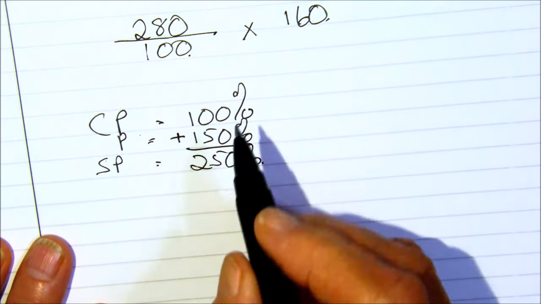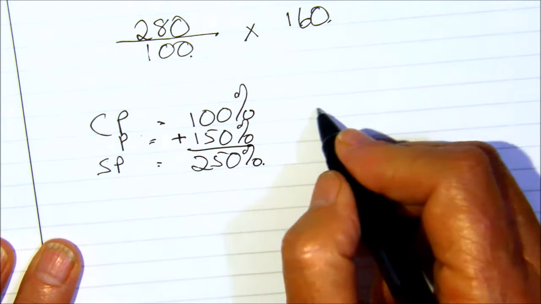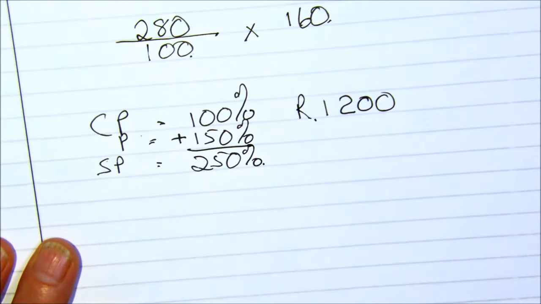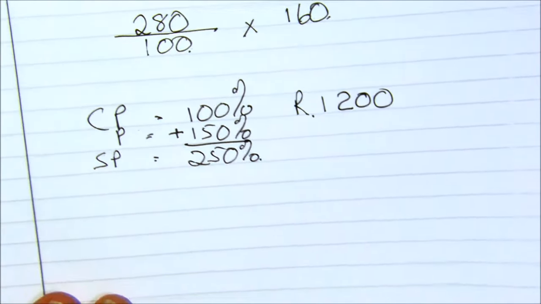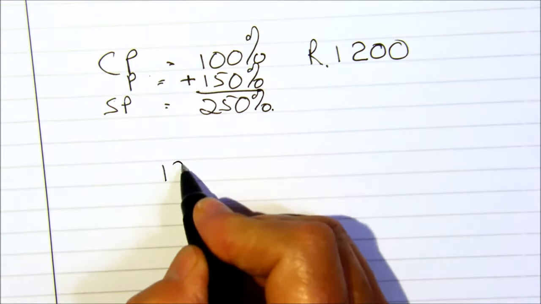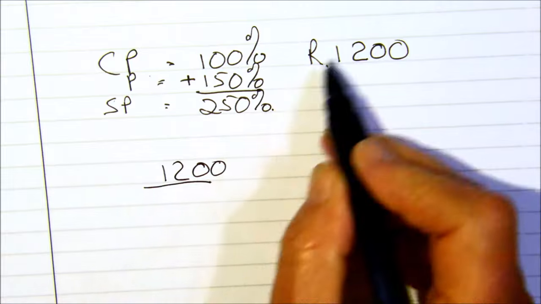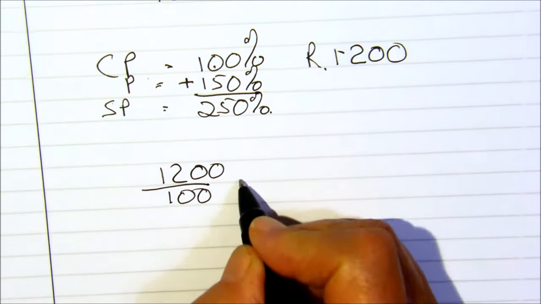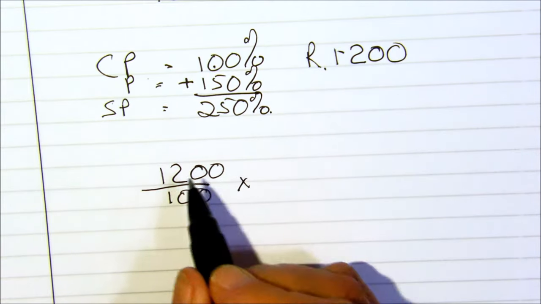The figure that you're given is the cost of sales. Again, cost of sales is your cost price. So that's the figure you're given. So let's calculate our selling price. So I've given 1,200. That is equal to 100%. So I divide by 100. Times by, now you want the selling price.